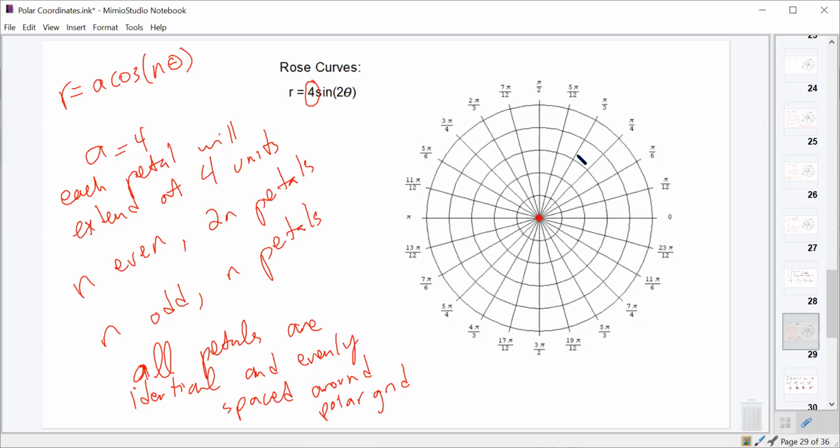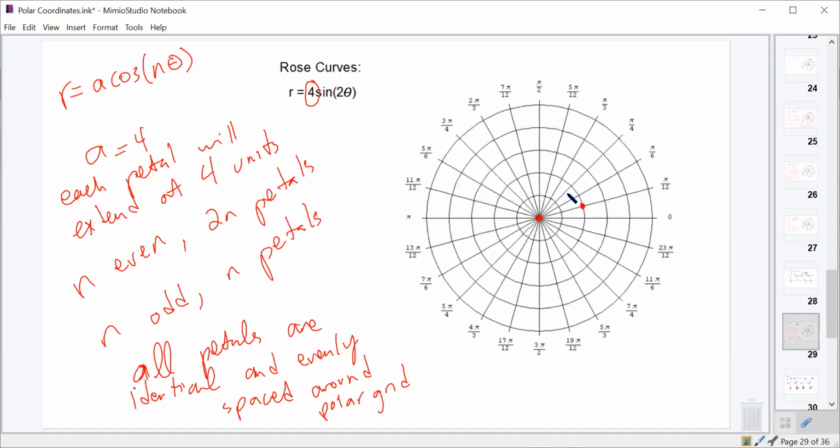If theta is pi/12, I'm looking for the sine of pi/6. What's the sine of pi/6? 1/2. 1/2 times the 4 gives us 2. So I should be 2 units out at pi/12.